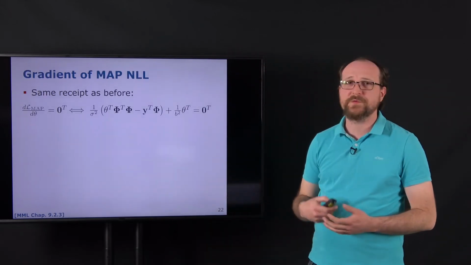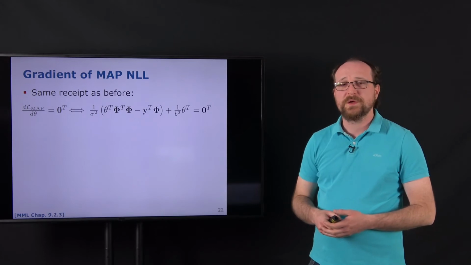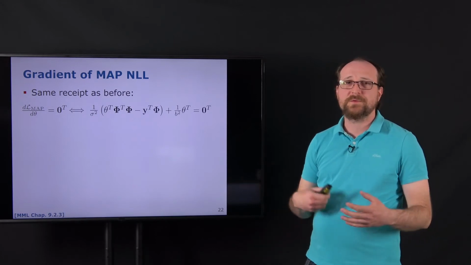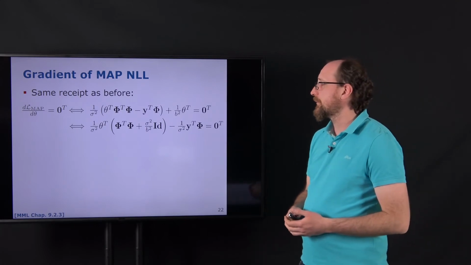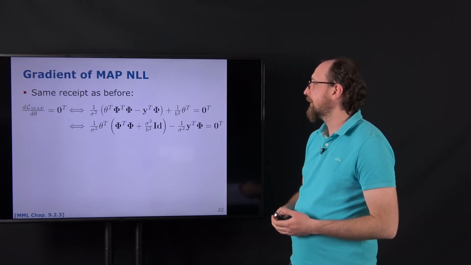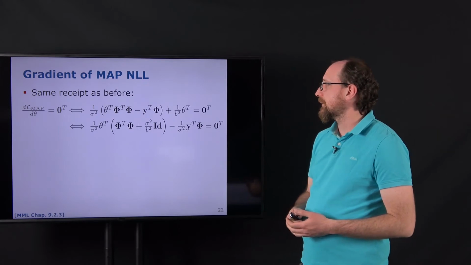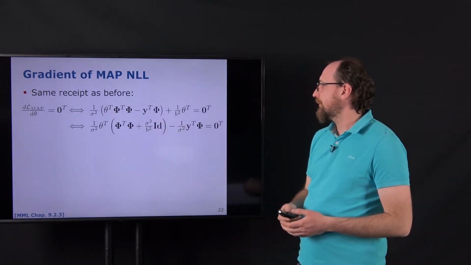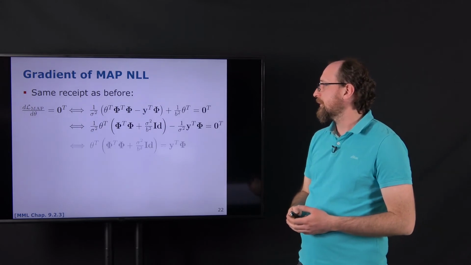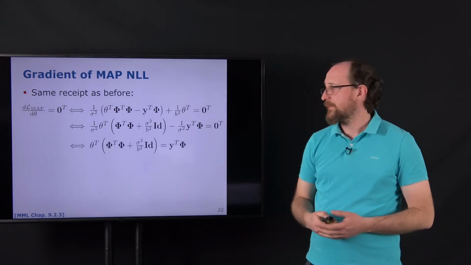And when we use the same recipe as before, we have this function, and then we want to set it to 0. We do the derivation again, so here we just rearrange the terms a bit so that it gets a little bit easier to do the derivation in the end.